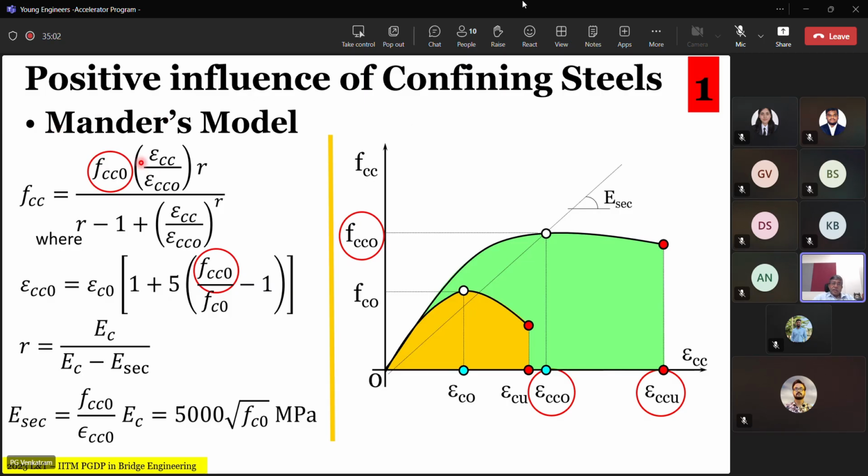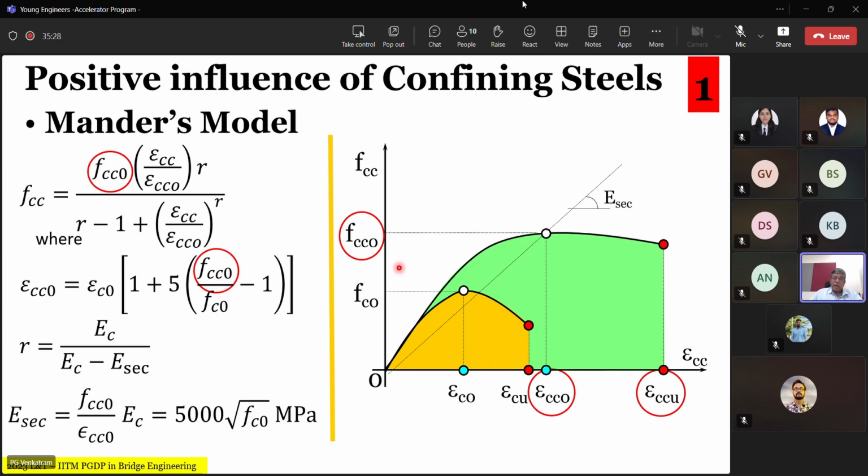And in this Mander proposal, it is based on the confinement pressure. You have all these relationships that are derived for FCC, that is the stress in concrete at any time due to confinement pressure.